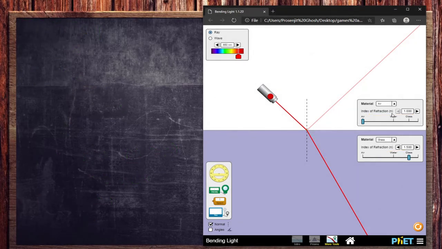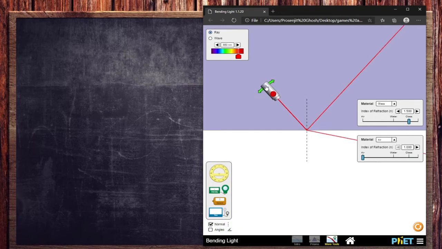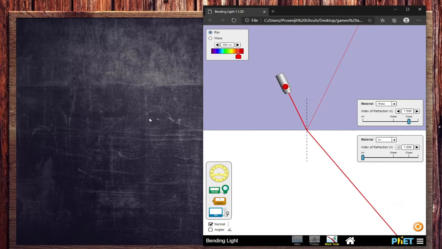In the second case, we have the first medium as glass and the second medium as air. Let me make it clearer. We know that when we pass from denser to rarer medium, the ray moves away from the normal, right?